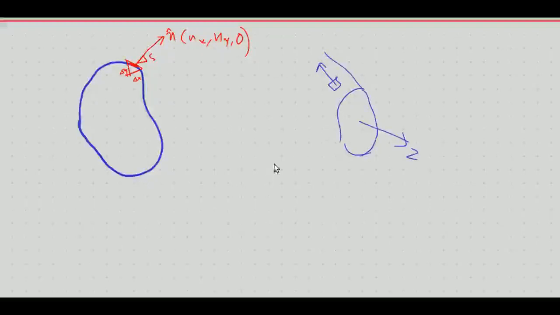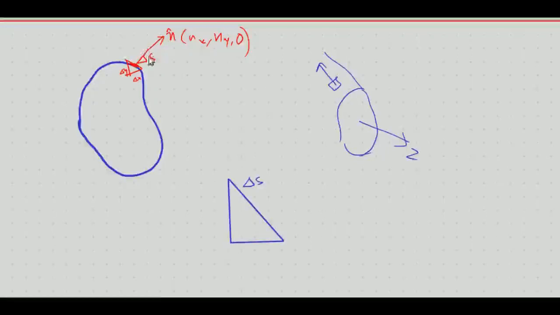So we redraw this here. Delta s is here, and we have delta x and delta y.